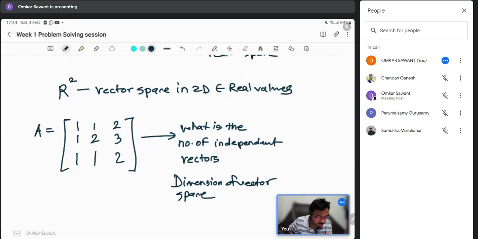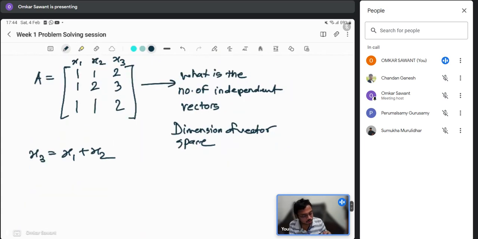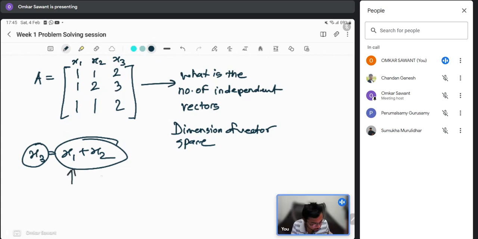So I am explaining, if this is x1, x2 and x3, then x3 you can get by x1 plus x2, correct? Are you following? Yes, sir. So you can express x3 as a combination of x1 and x2, right? So there are two independent and this is the dependent one, right?